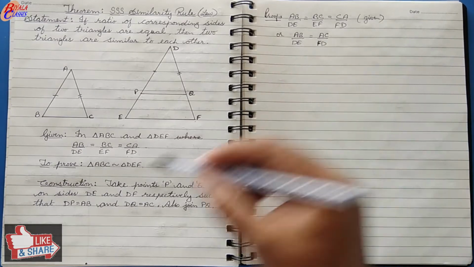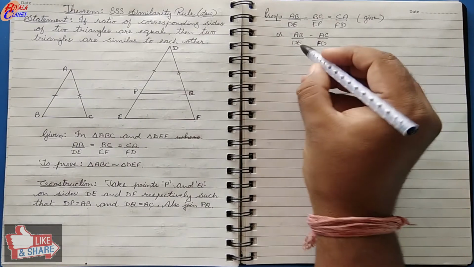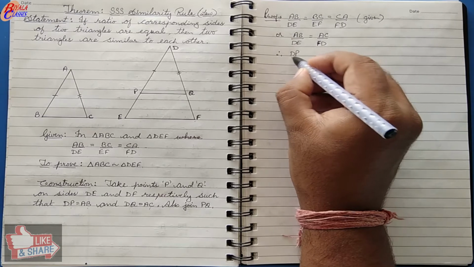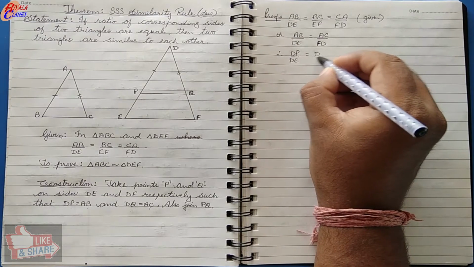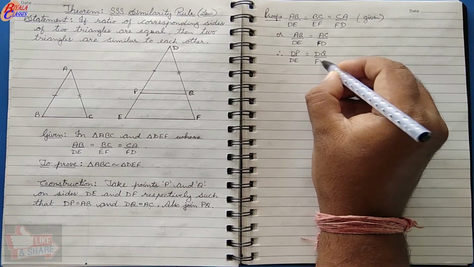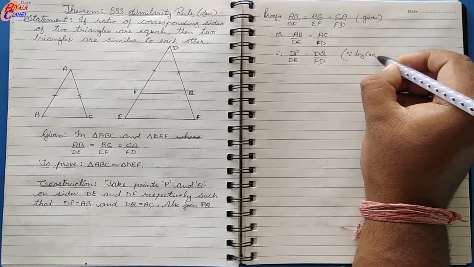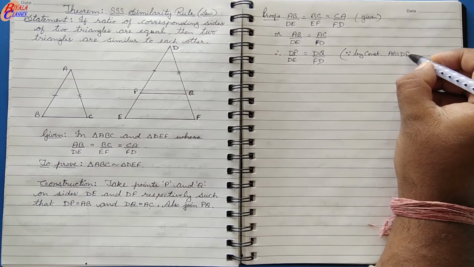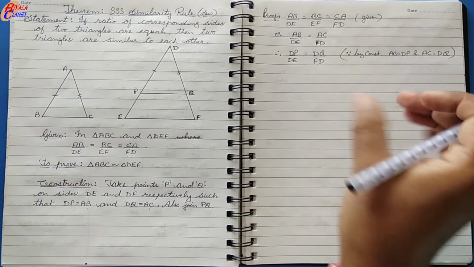Now AB we have taken as equal to DP and AC we have taken as equal to DQ. Therefore we will replace AB with DP. So it is DP upon DE equals, AC replaced with DQ, so DQ upon FD, because by construction AB is equal to DP and AC is equal to DQ.